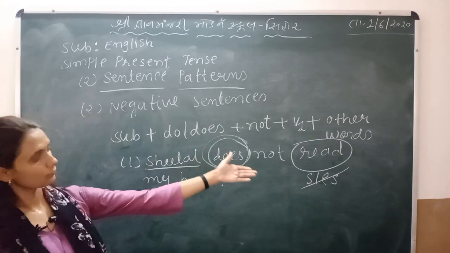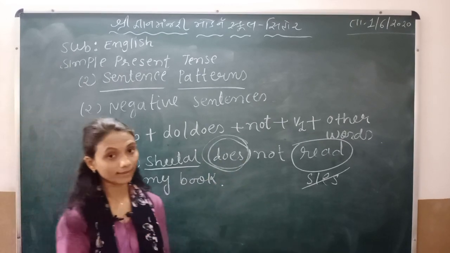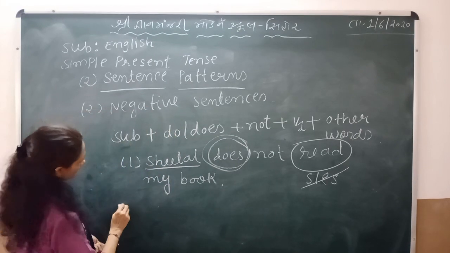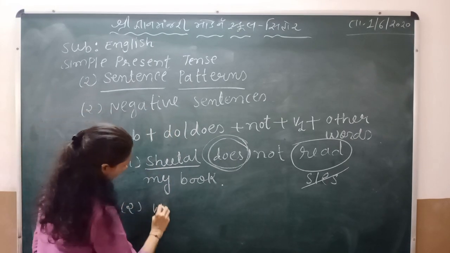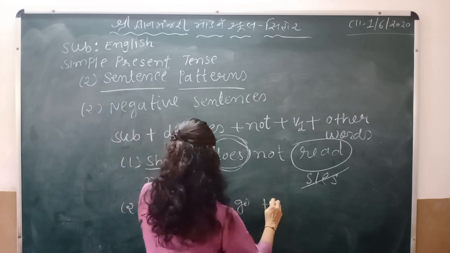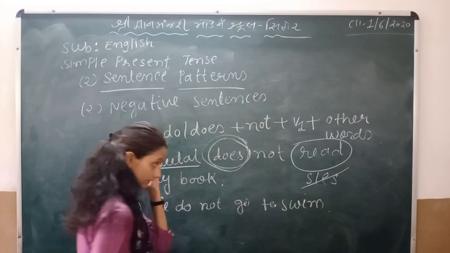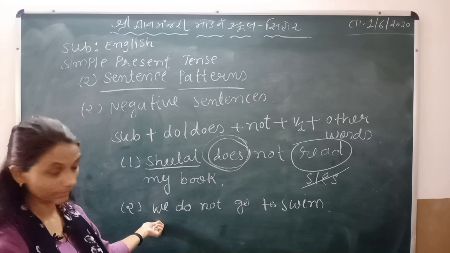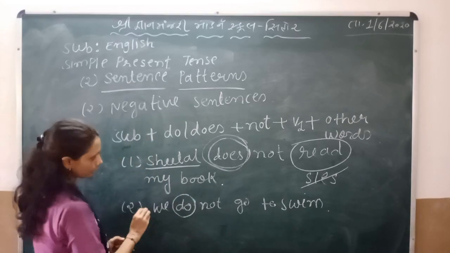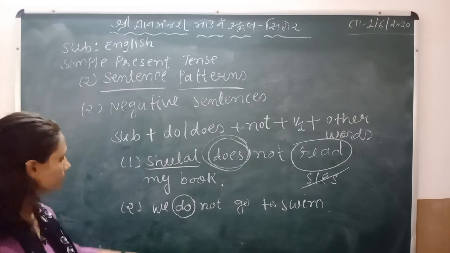So no need to use s or es in negative and in interrogative sentences. Don't forget this. Let me write the second one. We do not go to swim. See, here we have used we, so we used do. As you know, we don't have a third person singular here, so we use do.